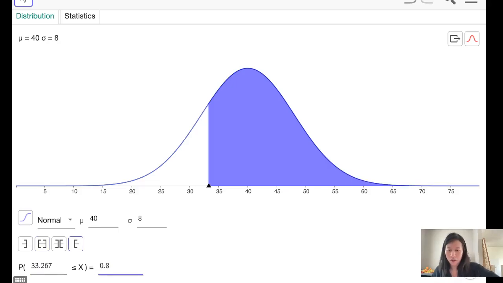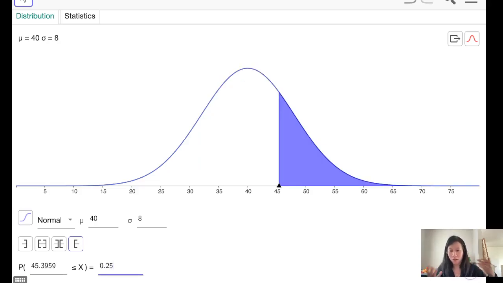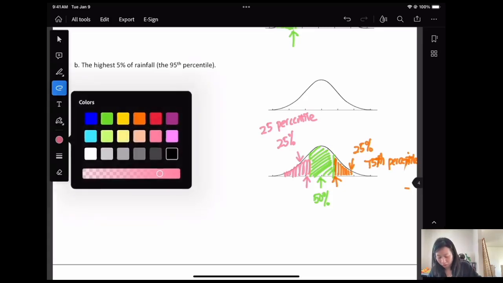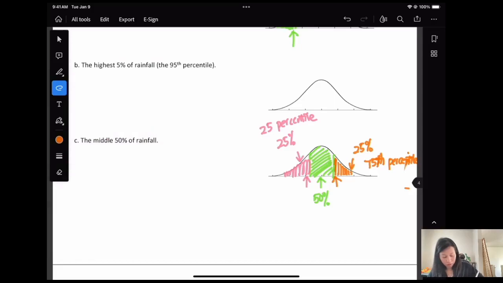In the highest 25, we can choose 25, which the cutoff value is 45.39. So now I'm going to write it down. Here, the highest one is 49.39 inches per year.